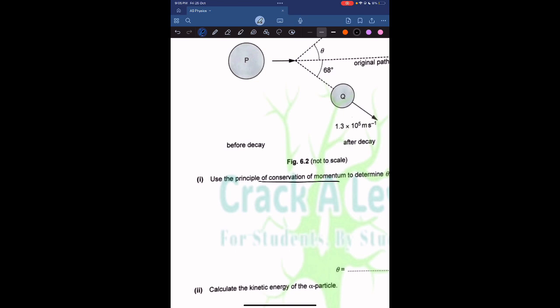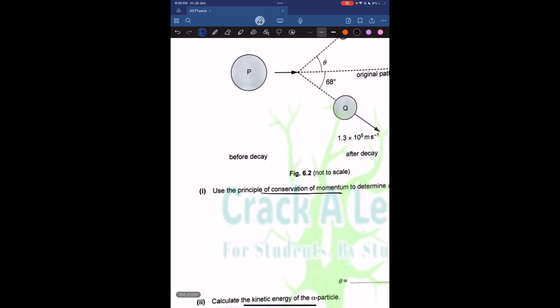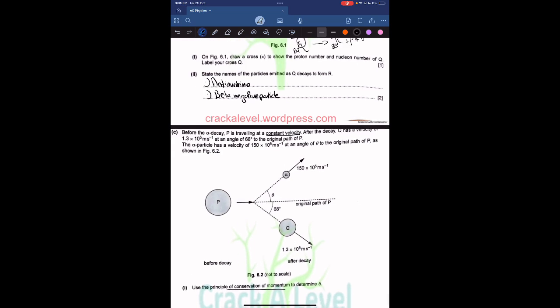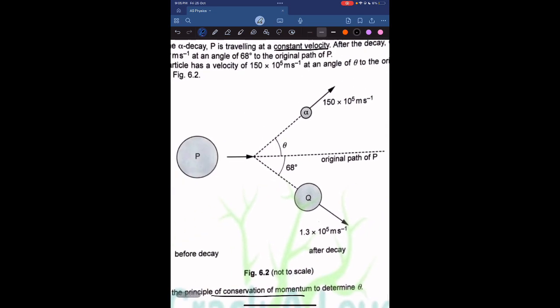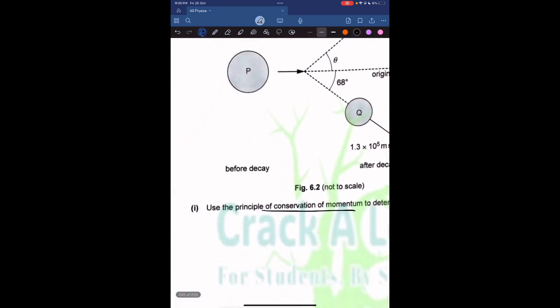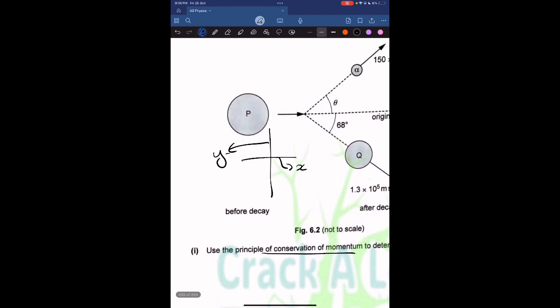Before decay, it was traveling with a constant velocity. I don't know the momentum in the x-axis, but I know that in the y-axis, the vertical, this is x and this is y. Because it is traveling in the horizontal plane, its momentum in the vertical plane is 0.